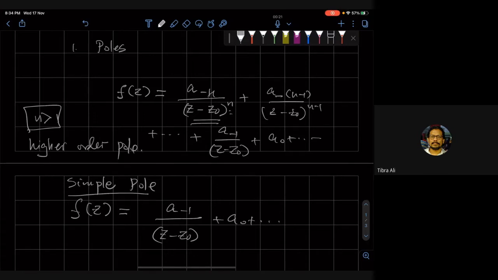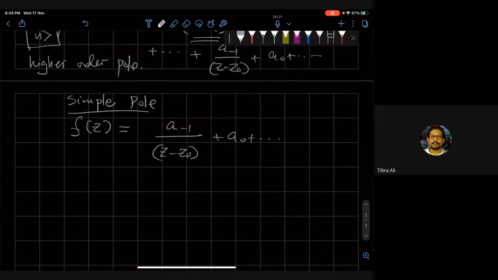Okay? And then of course we talked about the essential singularity. An example would be e to the 1 over z, which is 1 plus 1 over z plus, say, 1 over factorial of 2 z squared, and so on.